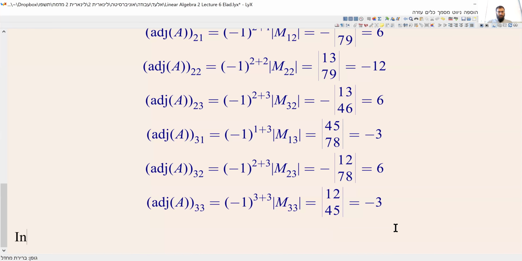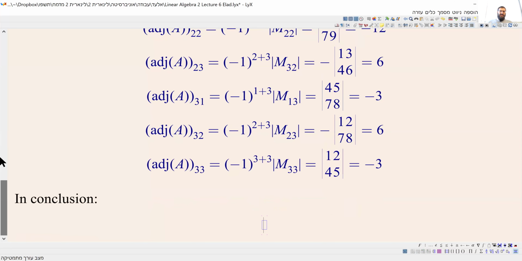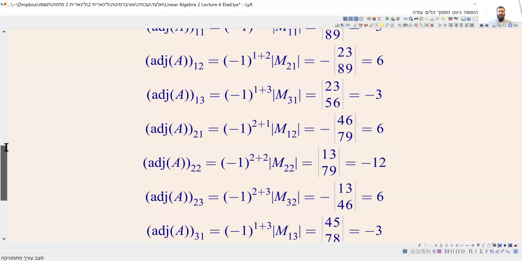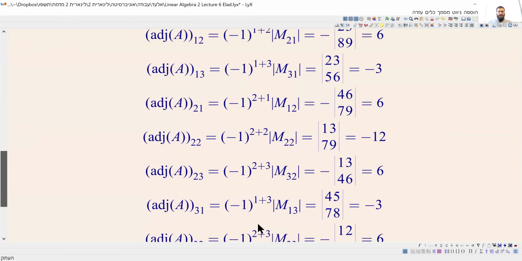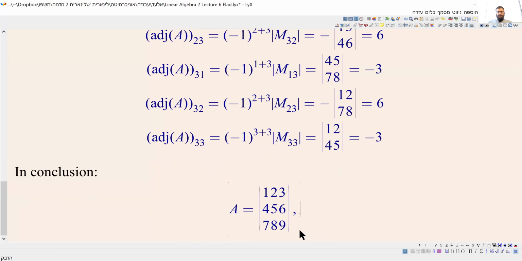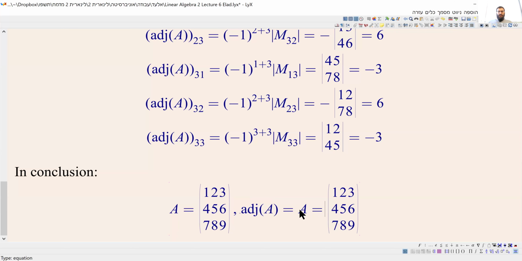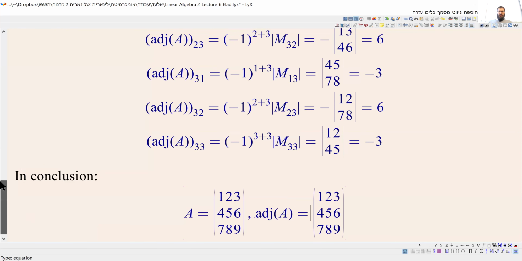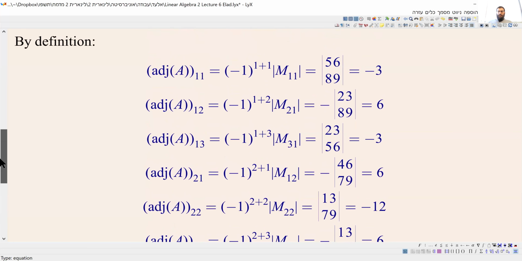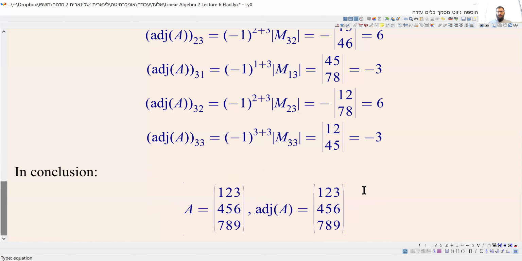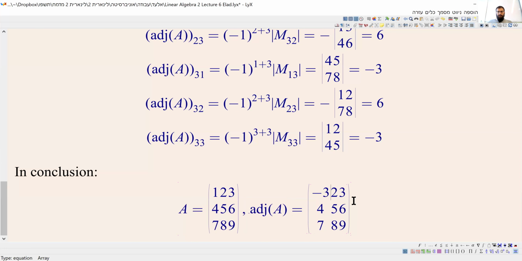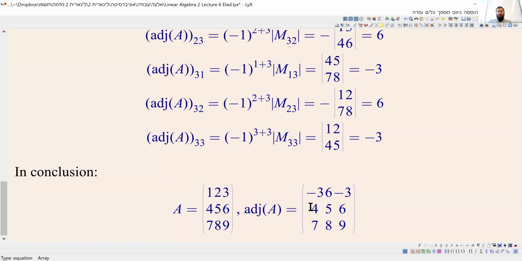So in conclusion, the matrix itself was this nice little 1 to 9. And the numbers we got here were -3, 6, -3, then -6, right?